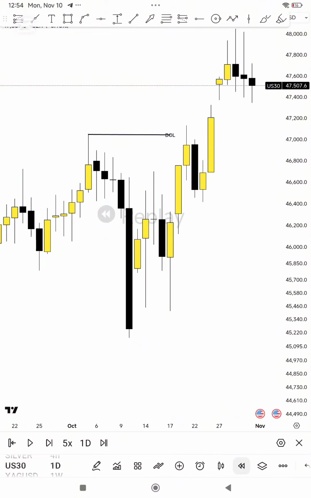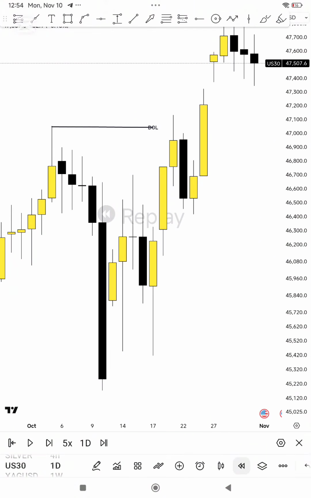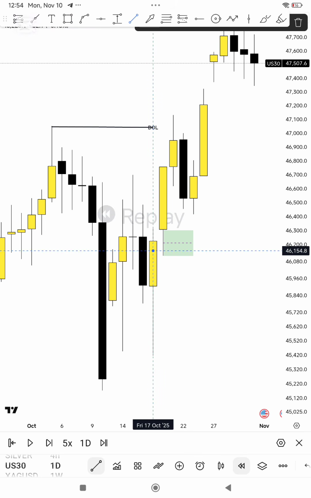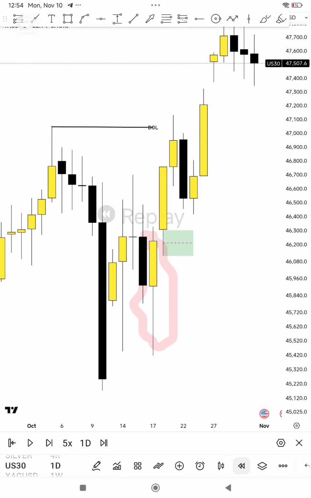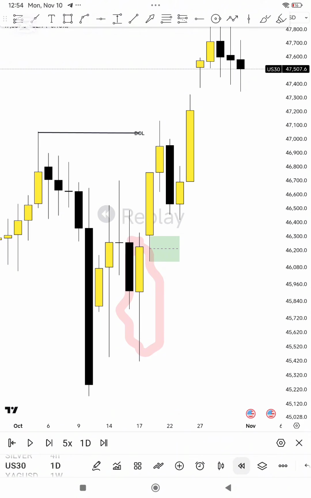Here you can see the retracement. Let me show you how this retracement looks. This is the retracement which we discussed before, that every new open candle retraces into the previous closed candle. This is the previous closed candle, and the new candle retraces inside that range.